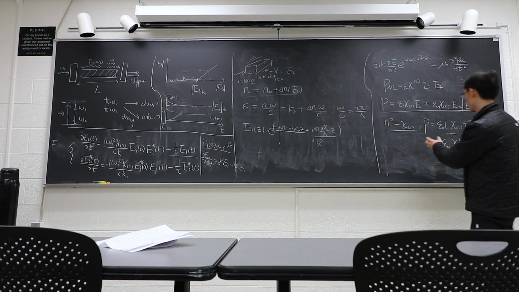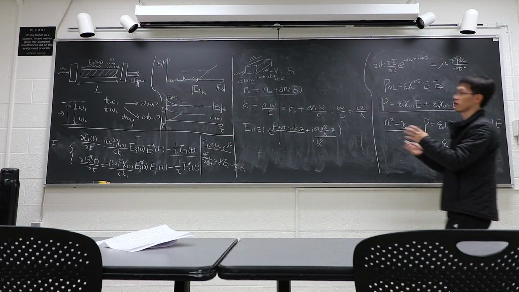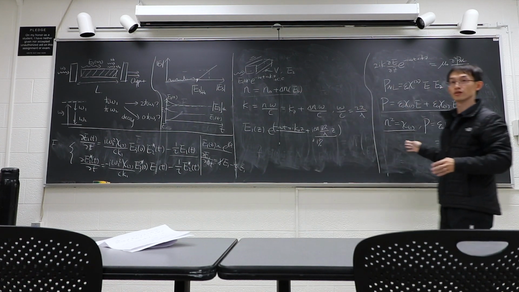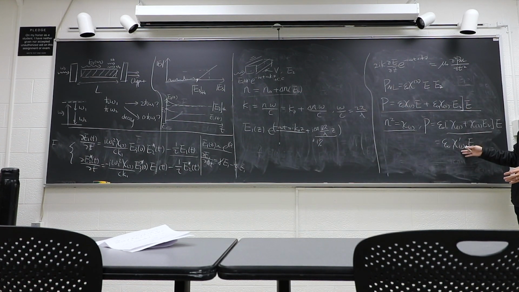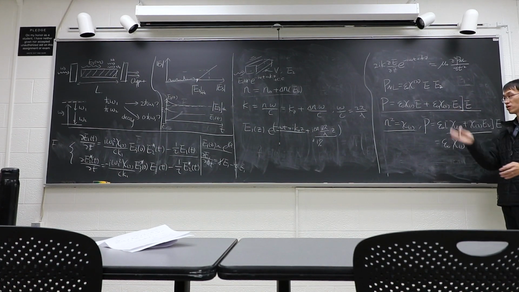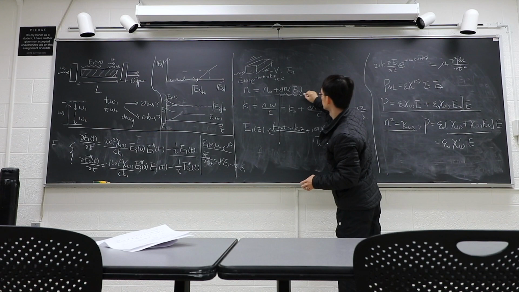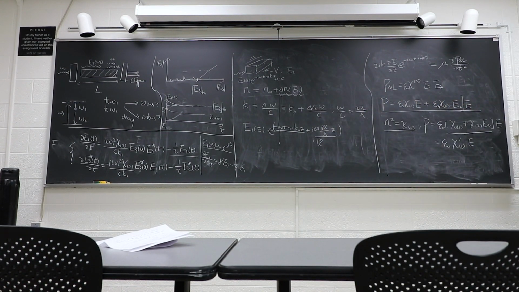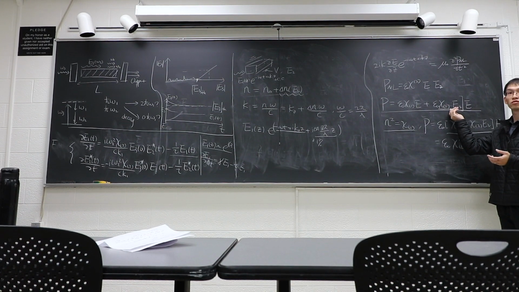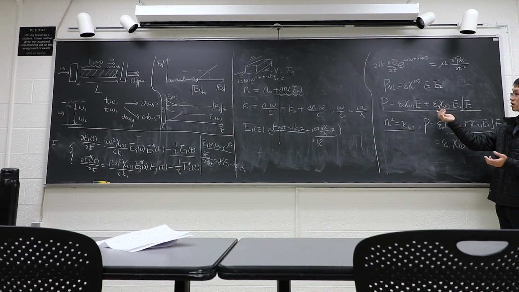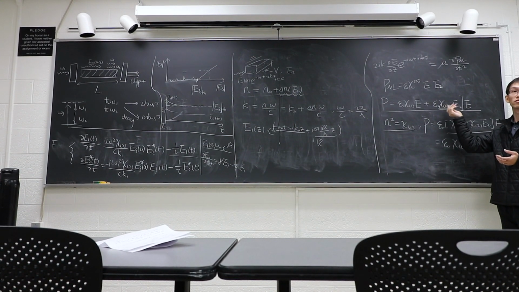And when would this be useful? You might say, why can't I just do this? Why do I have to go through this? When is it useful? It's when you try to calculate this coefficient. When you try to calculate this coefficient, you need to look into the crystal structure, and there's actually a quantum mechanical way to calculate this for each material.